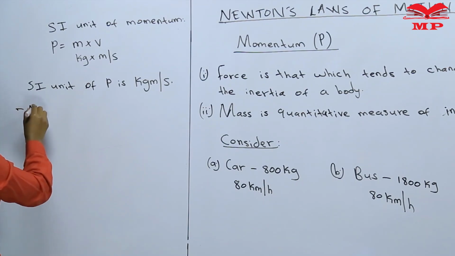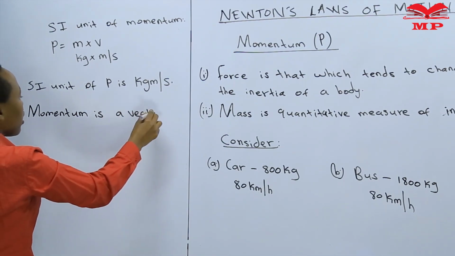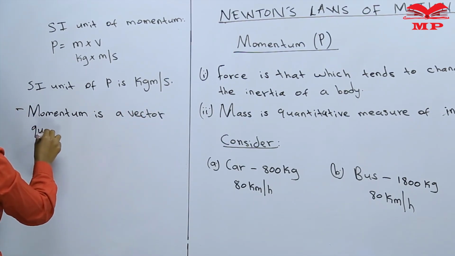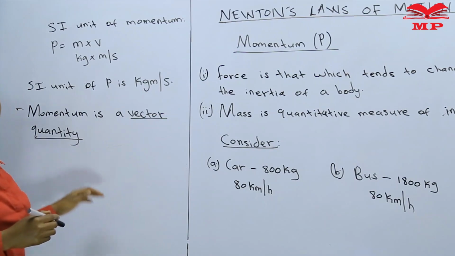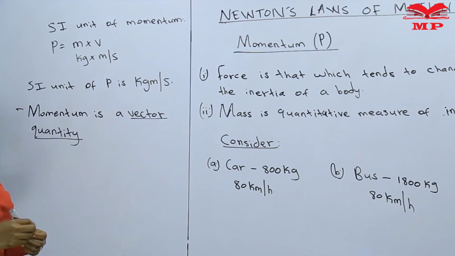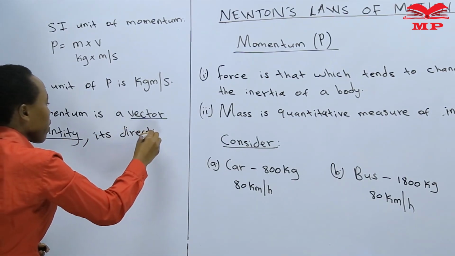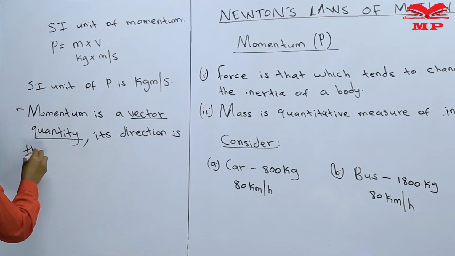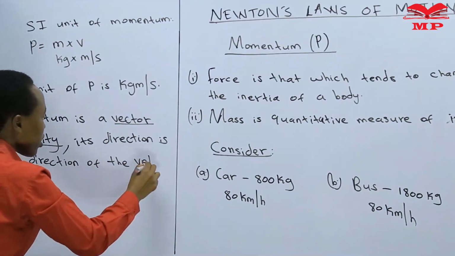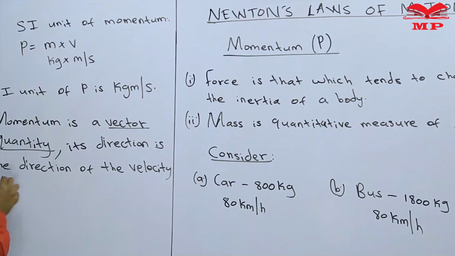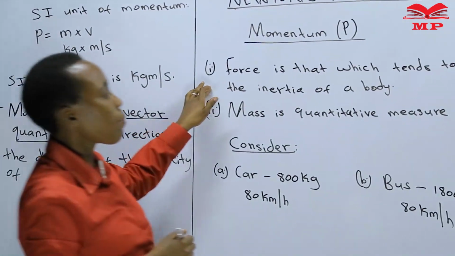And therefore, we also say that momentum is a vector quantity, meaning that it has both direction and magnitude, and its direction is the direction of the velocity of the body.